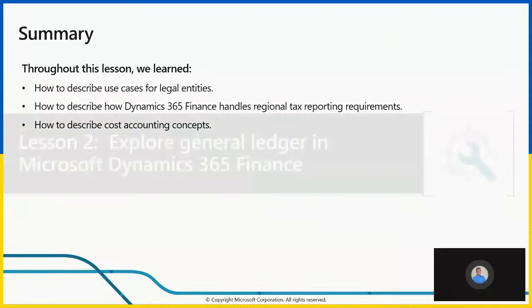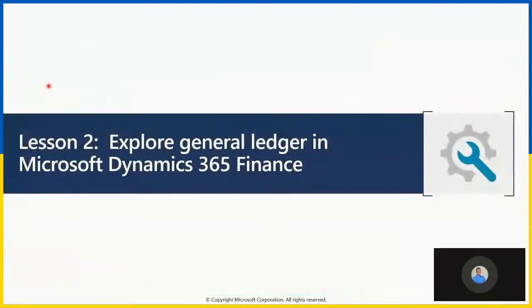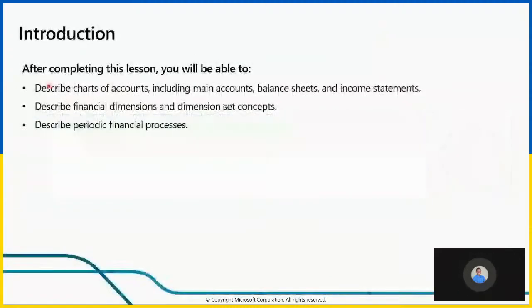So I'm not talking about that. The ledger in finance. So we've described chart of accounts already. We talked about main account, balance sheet, and income statement. So when we're creating our main account, we can decide to tell the system if the account we are creating is a balance sheet account or a P&L account.